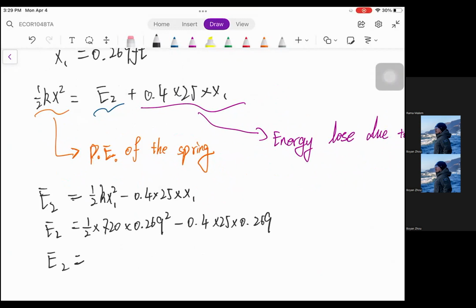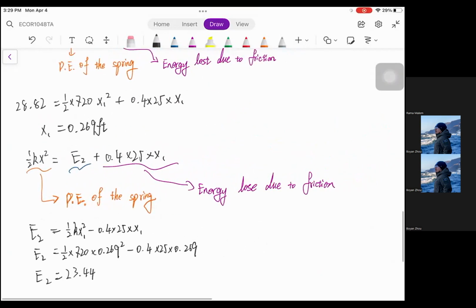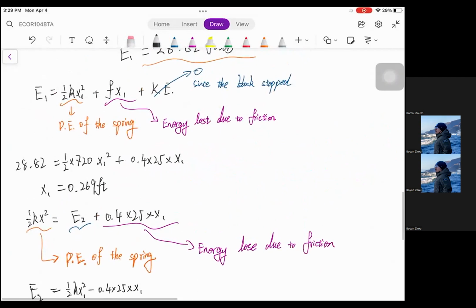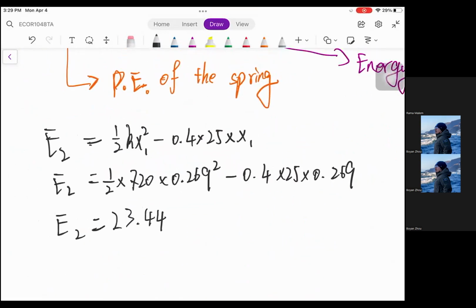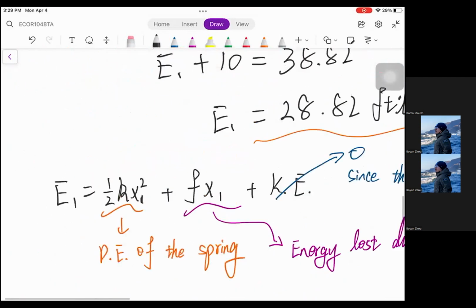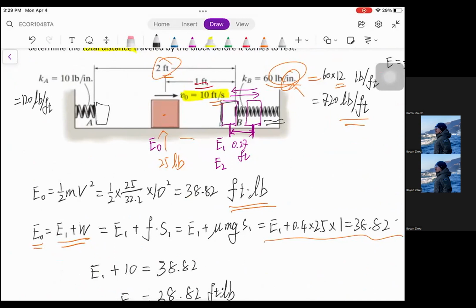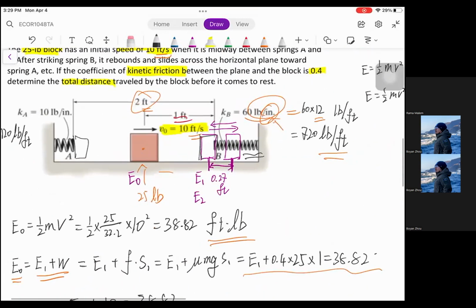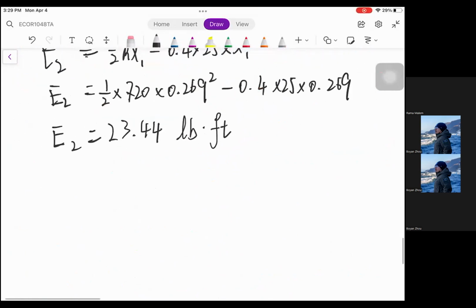So E2 is 23.44 pound-feet. So after the block hit the first spring, spring B, and the energy loss, the remaining energy is 23.44 pound-feet.